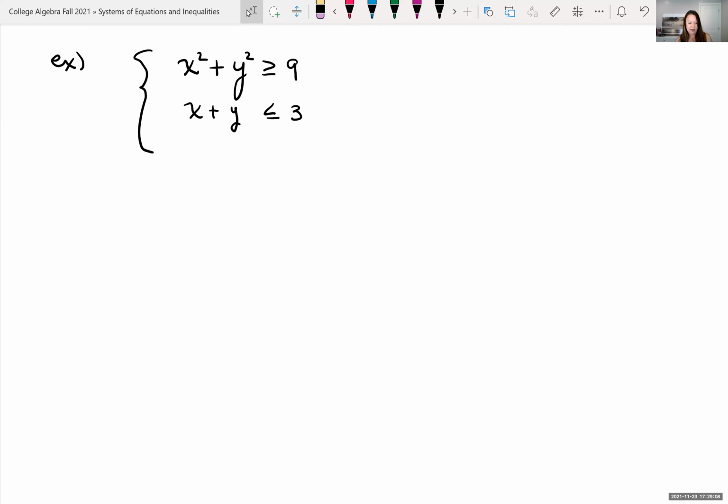Okay, so the next example is x squared plus y squared is greater than or equal to 9, and we have x plus y is less than or equal to 3. Looking at x squared plus y squared is greater than or equal to 9, if I look just at x squared plus y squared equals 9, let's first graph that equation. You should notice that this is a circle with a center at 0, 0 with a radius of 3.